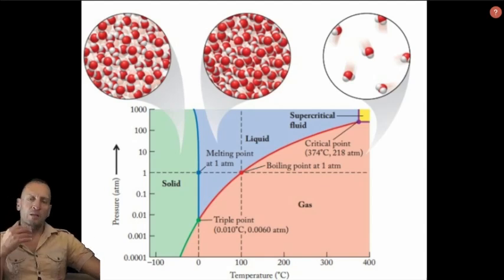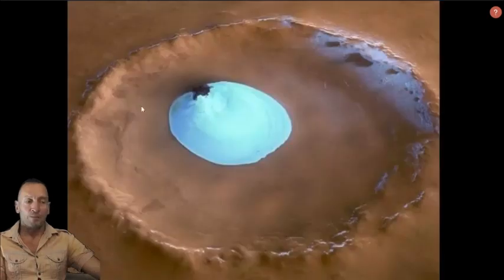Now, you may ask a question: is there a place where we can actually see water sublimating, going from ice directly to gas, and watch it with our eyes? There is a place where we can watch that. There you can see this crater on Mars, and there is an ice lake, with a piece of ice there.